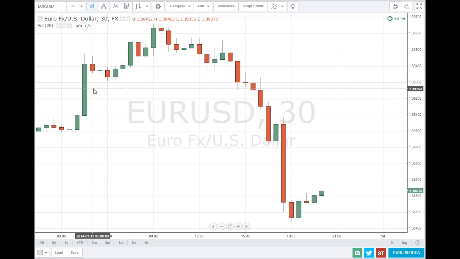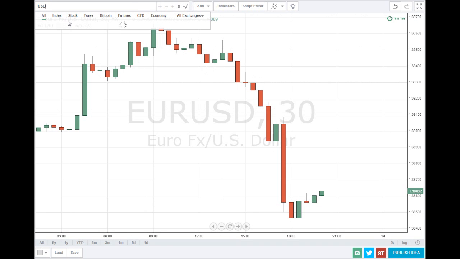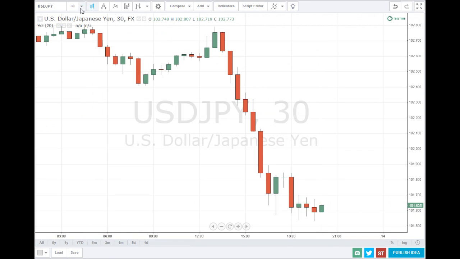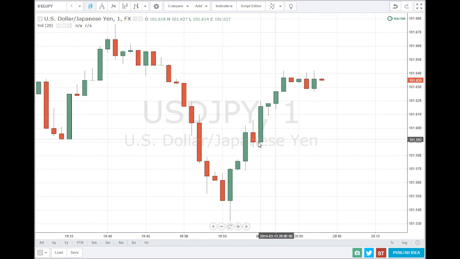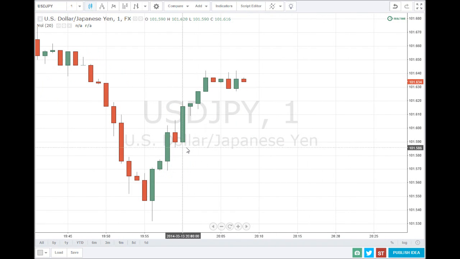Let's look at a live price chart now to display a Japanese candlestick in action. It's currently the evening of the European markets, so there's very little movement on the Euro USD, but let's go to the dollar Japanese yen and we can go to a 1 minute chart, and we should see a lot of price movement, and you should see a Japanese candle body and wick being formed.